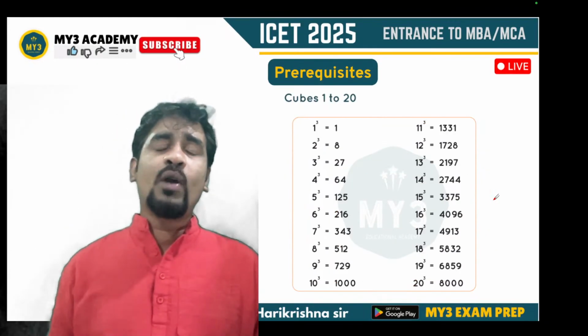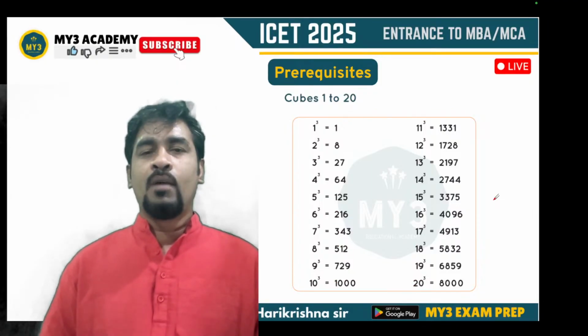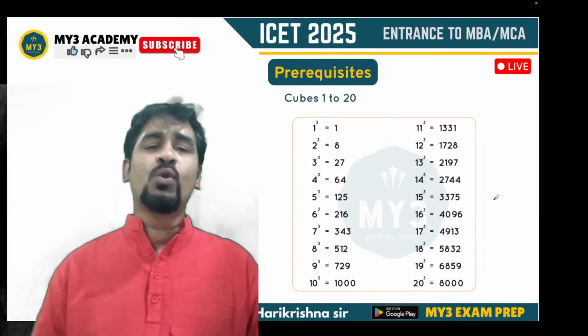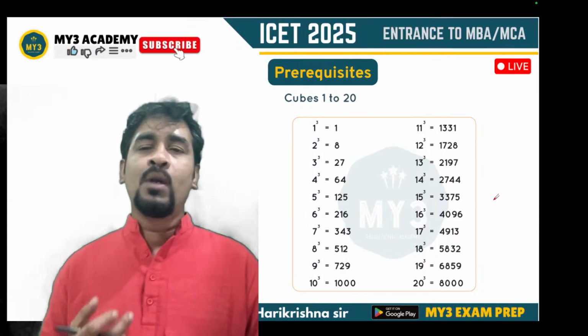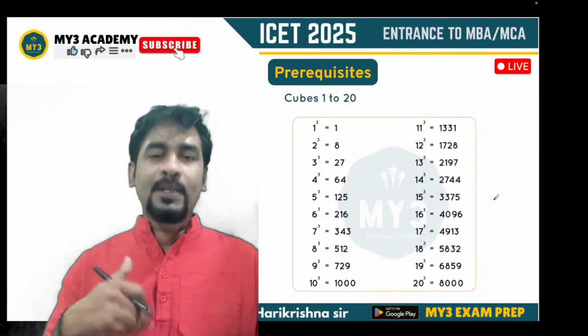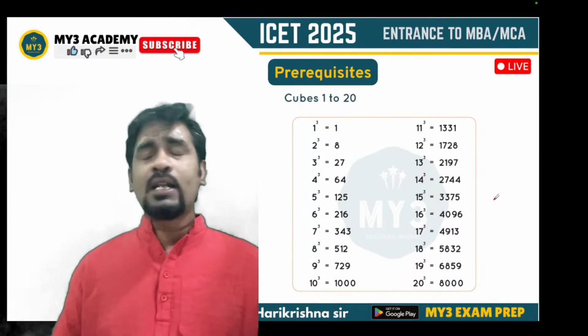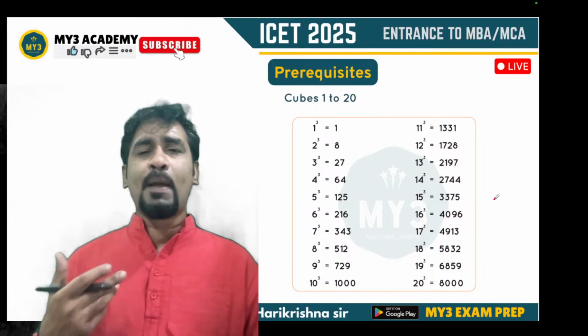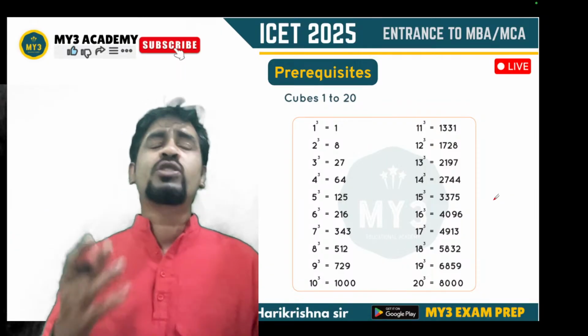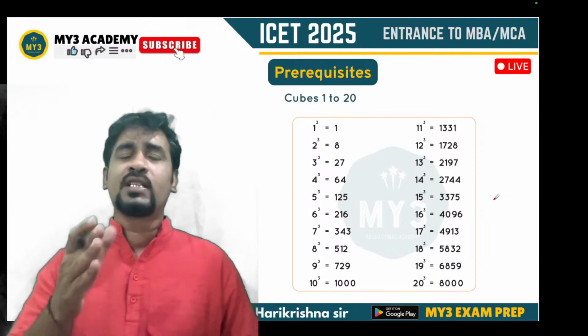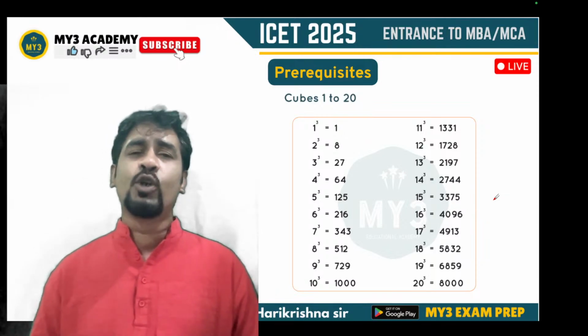The next one is to remember the cube numbers, because we have seen so many questions related to 9 cube, 6 cube, 11 cube, 13 cube. If you look at all the previous papers, the last 10 years' papers, you will realize that 80% of the questions are directly connected with square numbers and cube numbers.